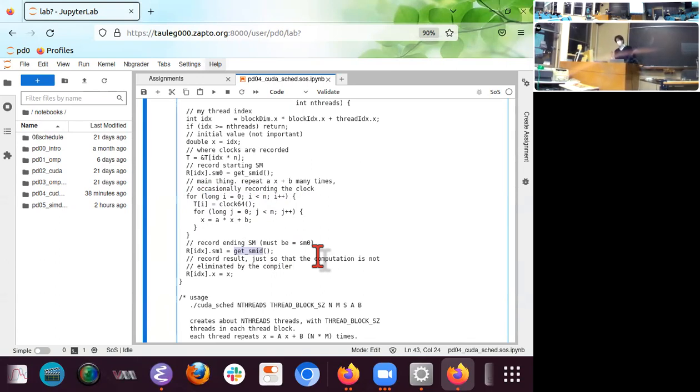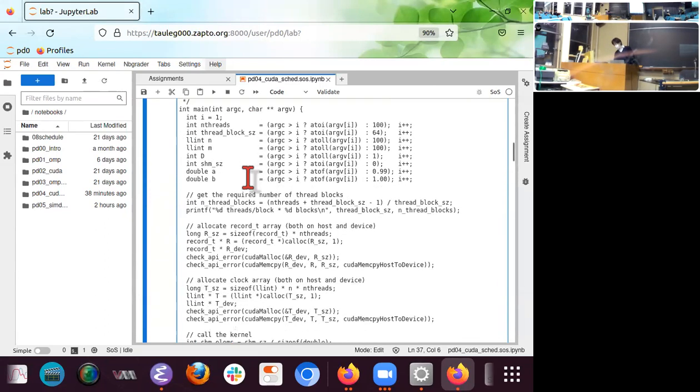So while repeating this a times x plus b so many times, it checks the clock from time to time. It also records on which streaming multiprocessor this thread happens to run. This is basically all these threads are doing.